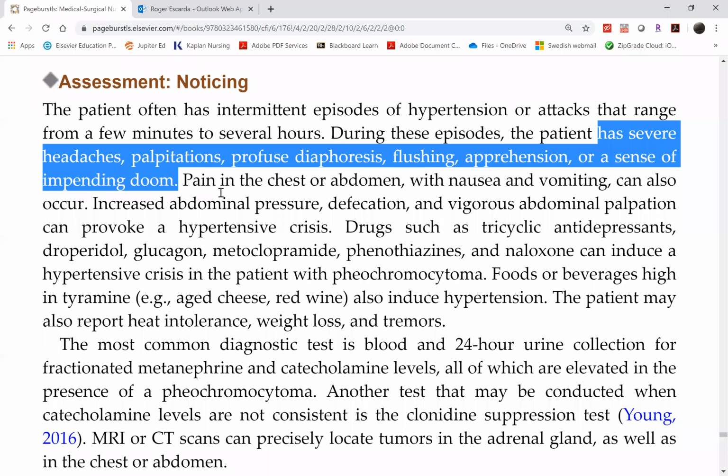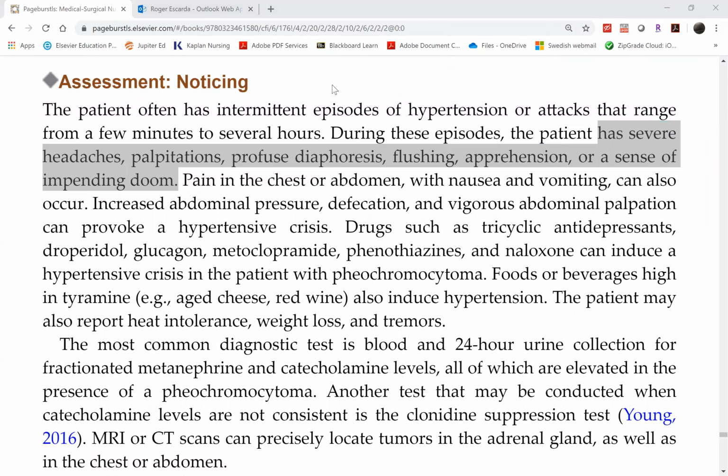Of course, this is a sympathetic response, so therefore what will happen to your GI function? Will you have normal peristalsis? No. Actually you'll have nausea, vomiting, because remember in an emergency, it inhibits or affects peristalsis.